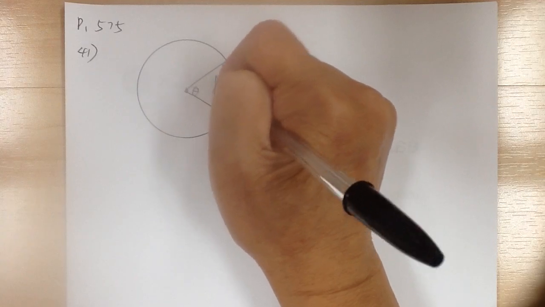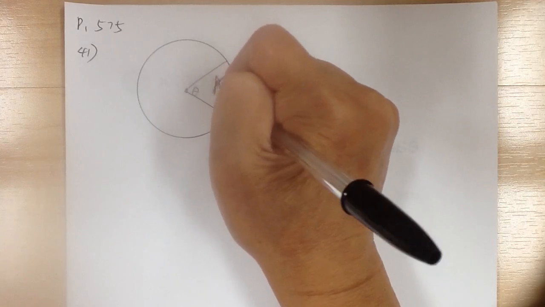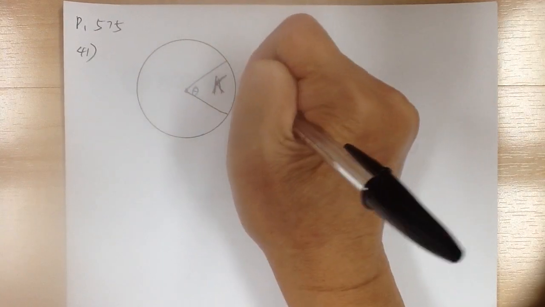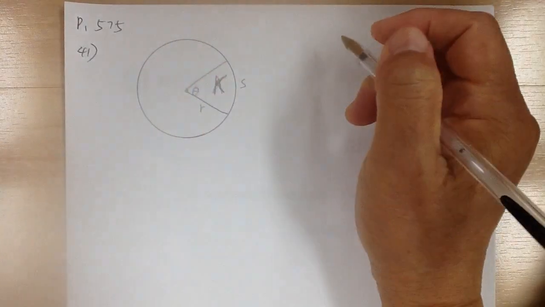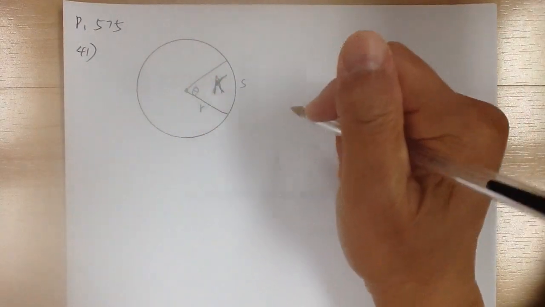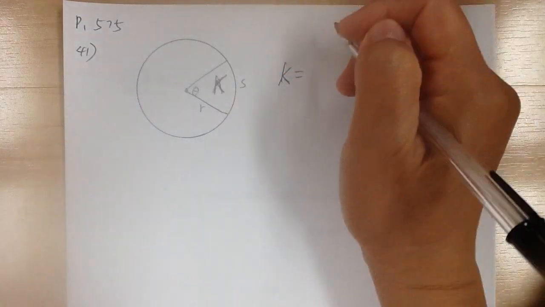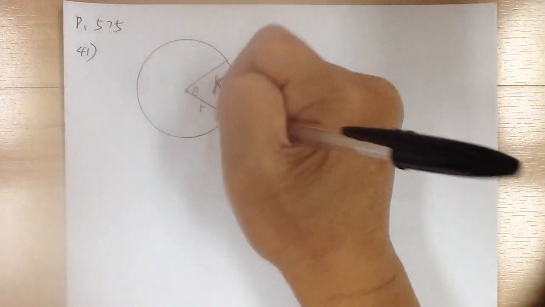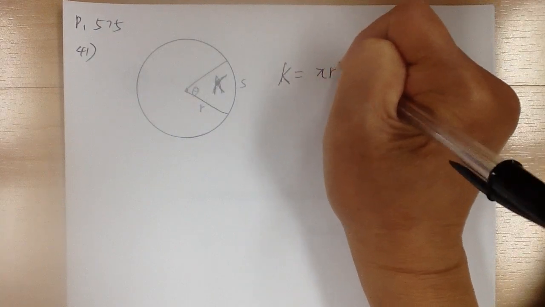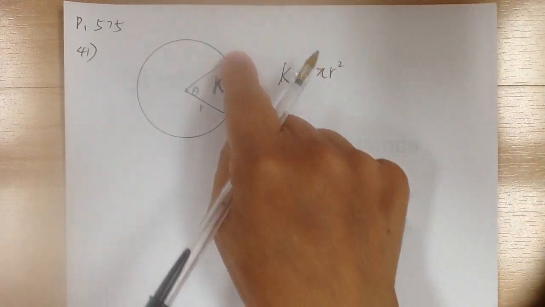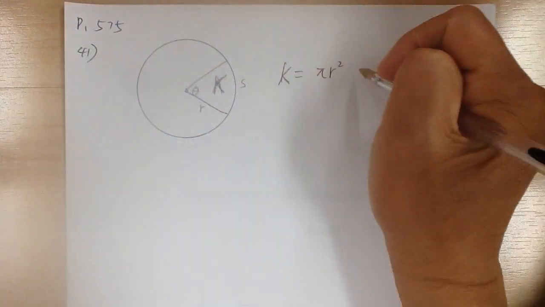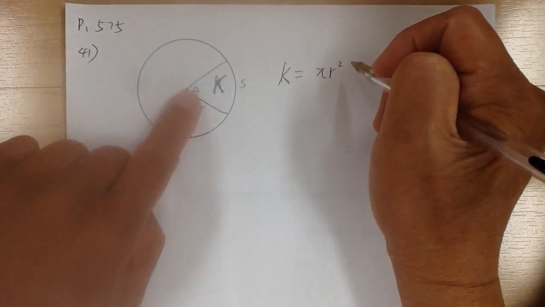I'm going to use K for area because A is usually used for the angle, so I'm using K and S and R. Okay, so normally the area of a whole circle is pi r squared, so it's better to just go and do the whole circle and you times it by the fraction that you want.